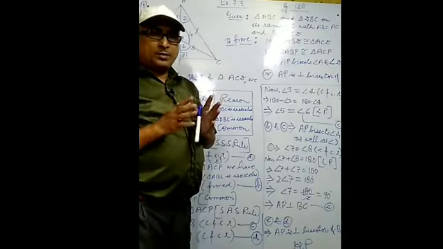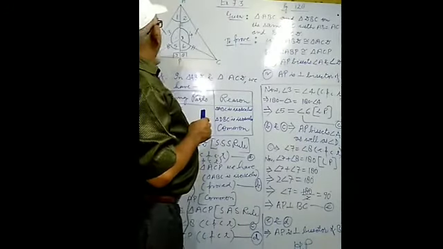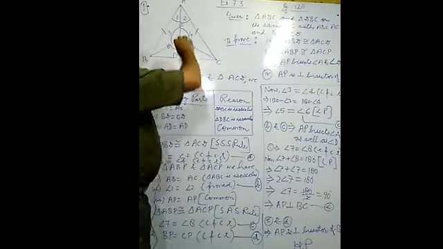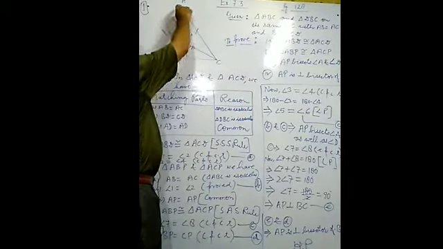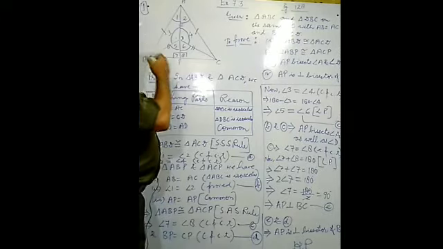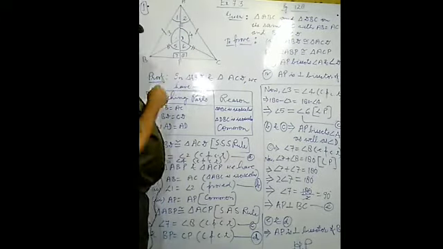You may observe here. Firstly, we will take triangle ABD. This triangle is taken. This one is the second triangle, triangle ACD. Both the triangles are taken. Now mark here. It is given that triangle ABC is an isosceles triangle.